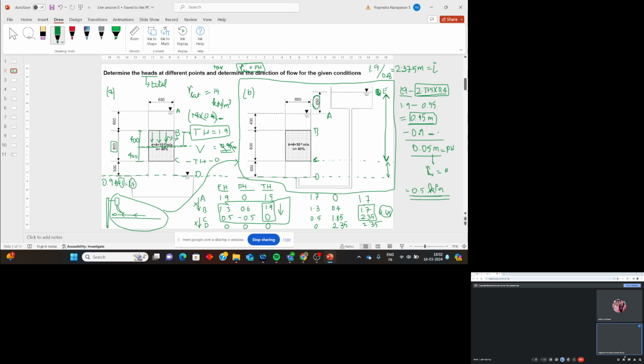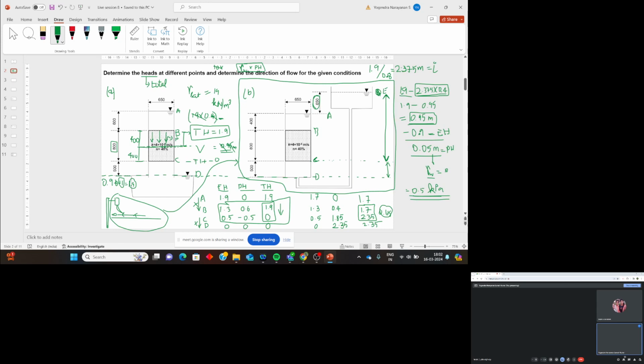You know the elevation head. You subtract the elevation head from total head and you will get the pressure head. If you multiply by gamma w, you will get 0.5. So please remember this concept. We will solve one more question in a similar fashion very shortly.